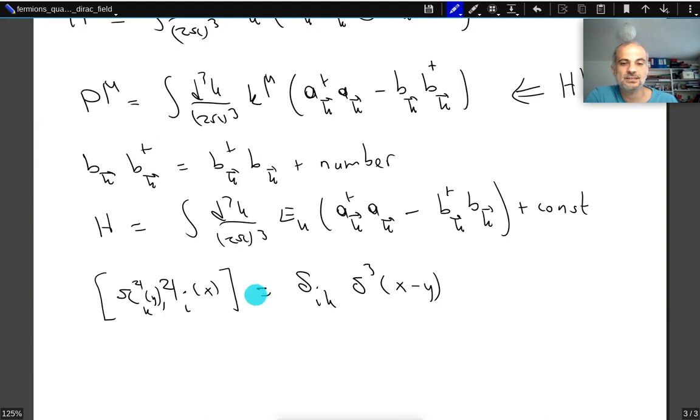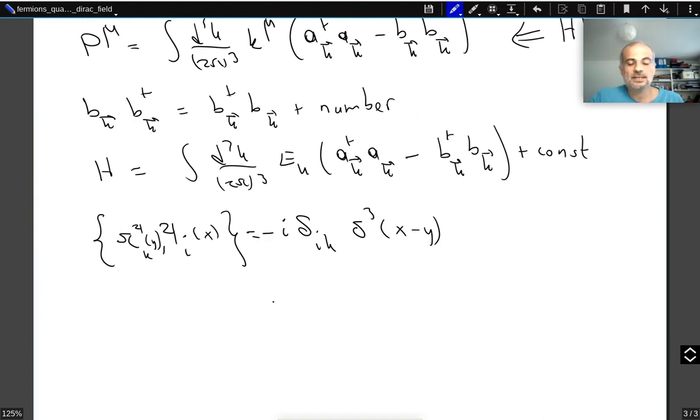Now, in this case, it just doesn't work. So what we should do, the difference compared to the scalar field, is we have to impose, now there is also the i, the anti-commutation relations between these two. So this is minus i.